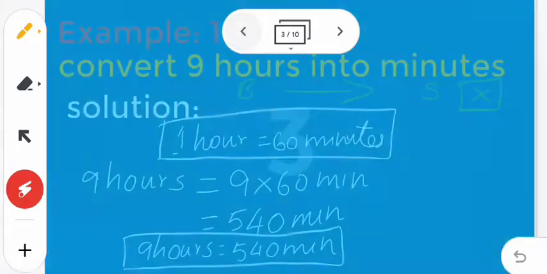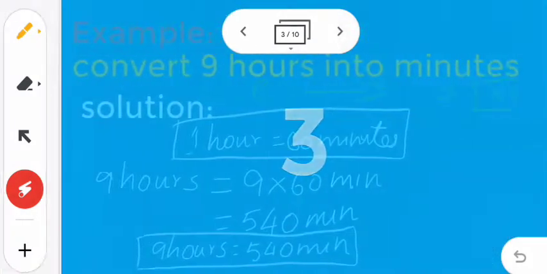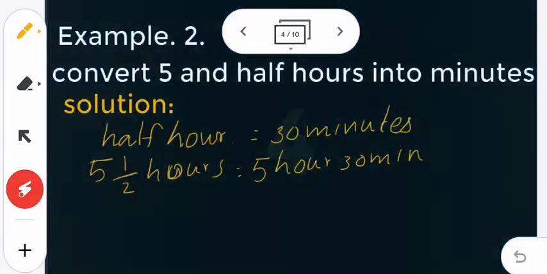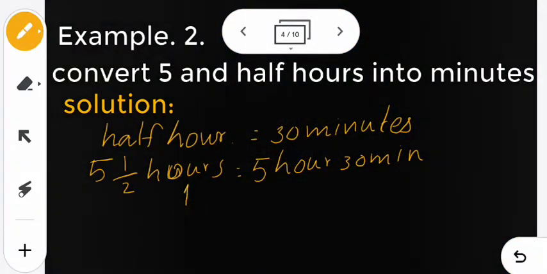The same way, hour and minute formula: 1 hour equal to 60 minutes. So this is a formula, and we will use the formula here. So 1 hour equal to 60 minutes. This is a formula.